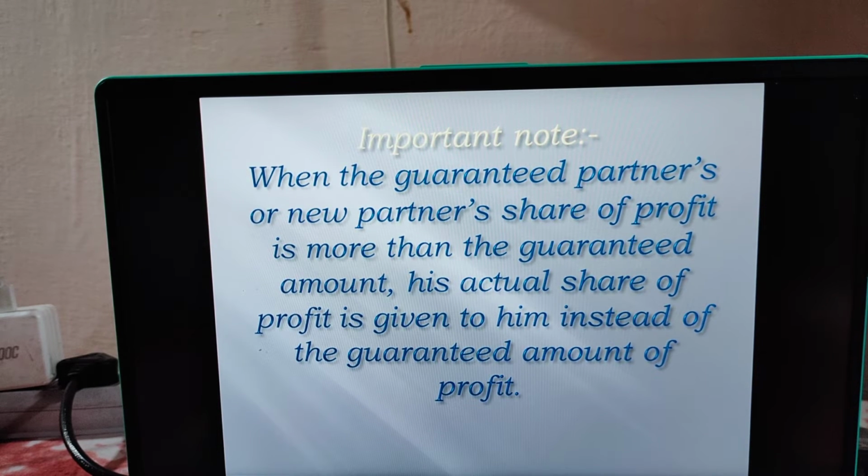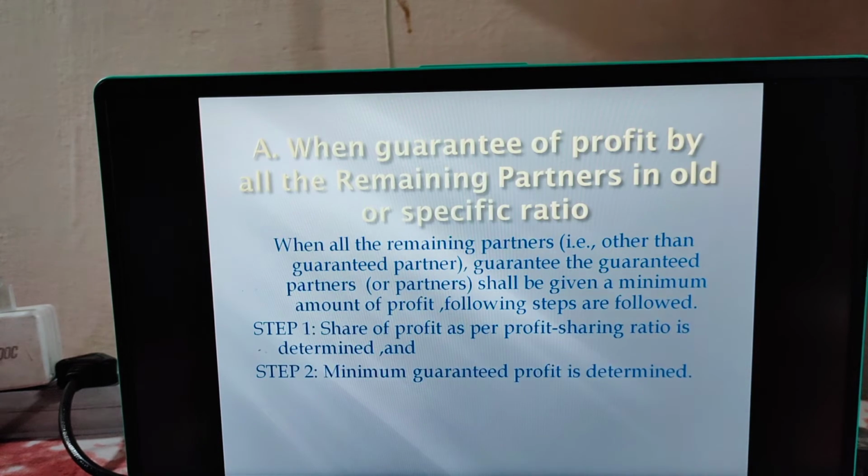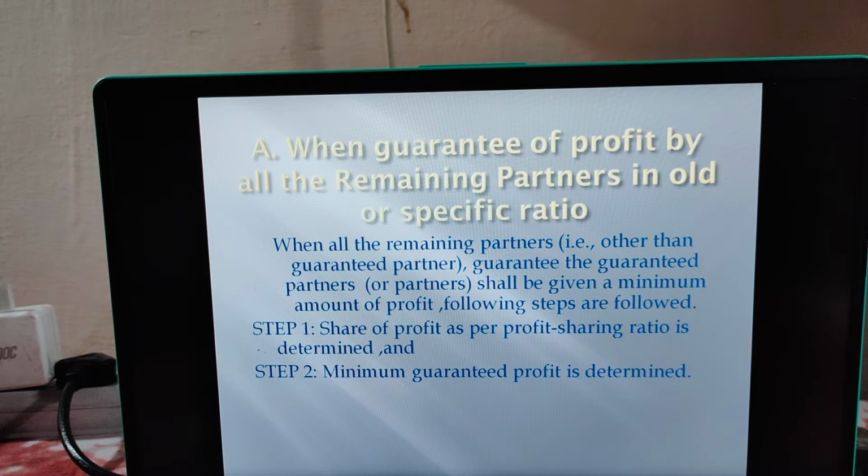See, the case is that here we are guaranteeing to give him at least the stipulated amount. If more than that amount is provided, then it is a normal case, and he would be given whatever amount he gets as profit. Now we have certain cases. The first case is when the guarantee of profit is given by all the remaining partners in the old or a specific ratio.